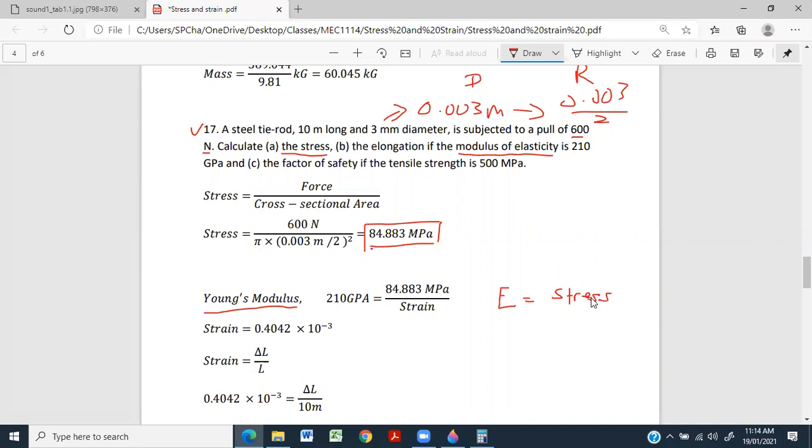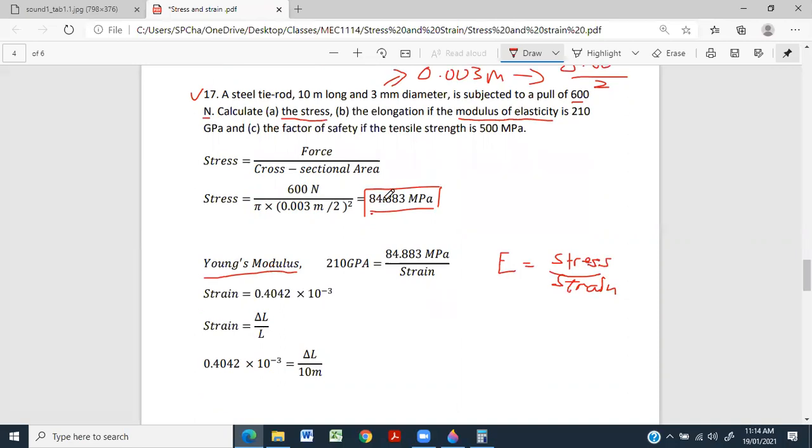We just found stress as 84.883 megapascals, and Young's modulus was given to us as 210 gigapascals.